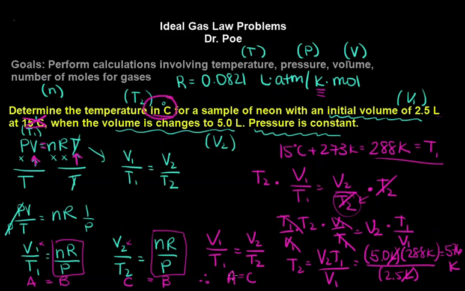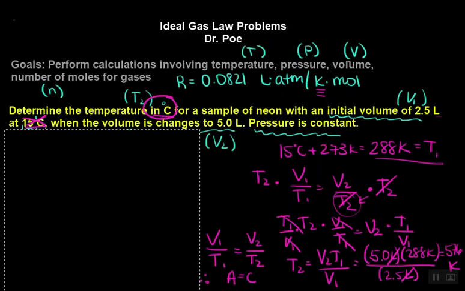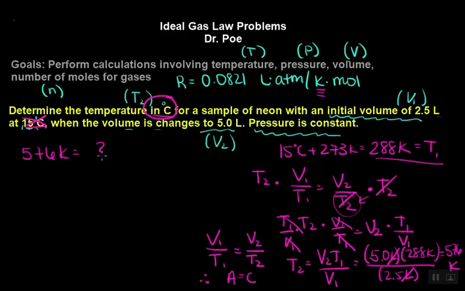So I'm going to pause here and clean up, and then we're going to convert that back to Celsius. See if you can do that on your own. Okay. So we've gotten from the math 576 Kelvin equals what in Celsius?